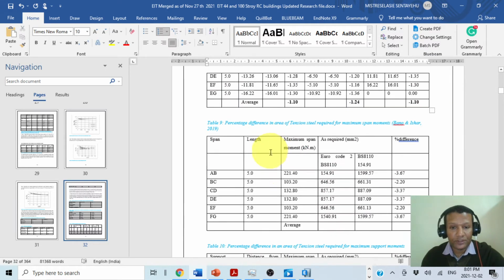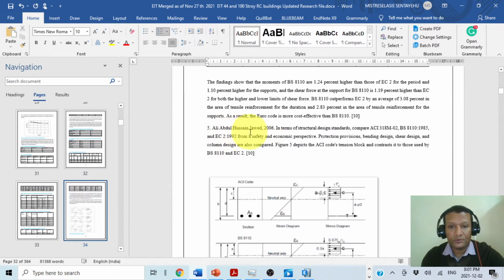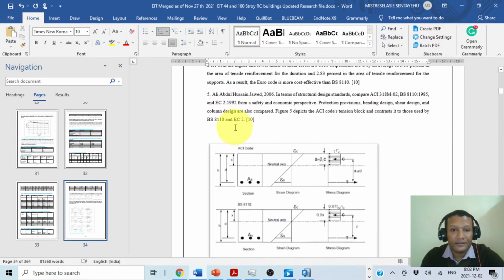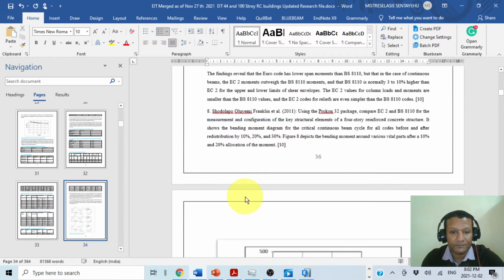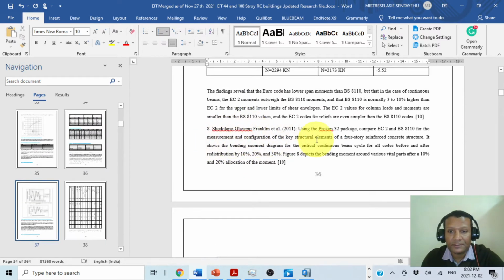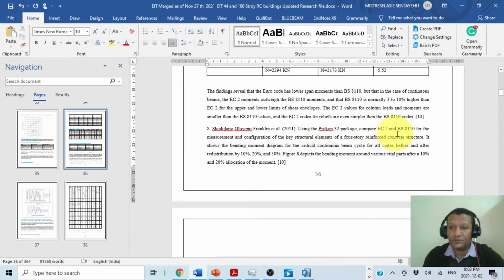They don't use any software, they use Microsoft Excel. Ali Abdul Hussein Jawad 2016, in terms of structural design standards, compared ACI 318 and BS 8110 and EC2 1992. So all these researchers compare prescribed codes. Some also compare using Procon, a software package, comparing EC2 and BS 8110.